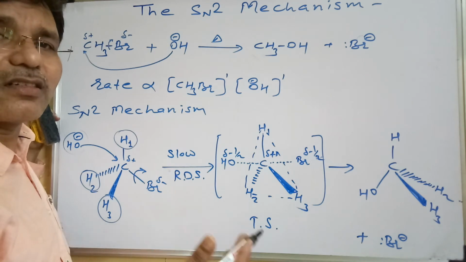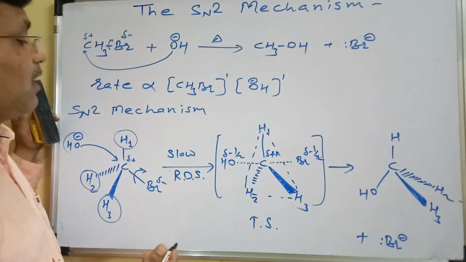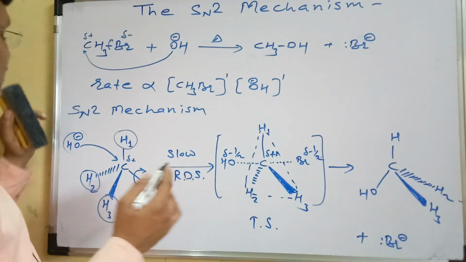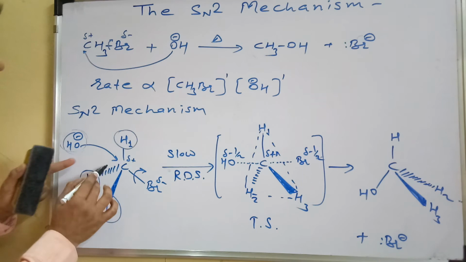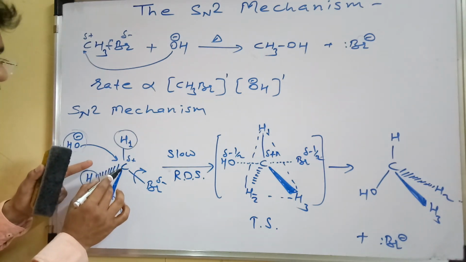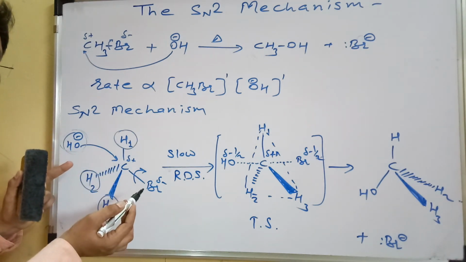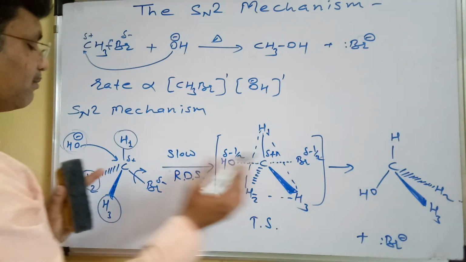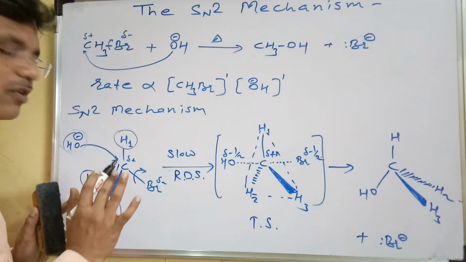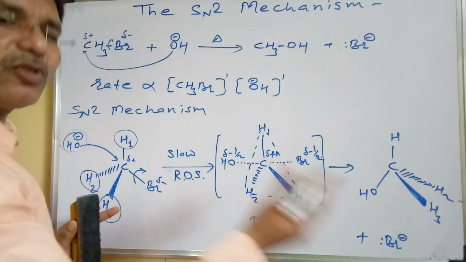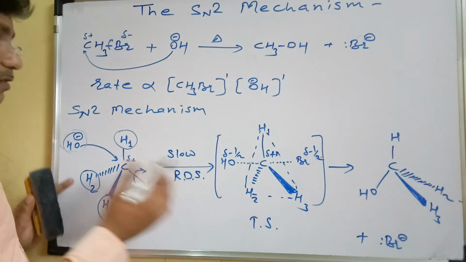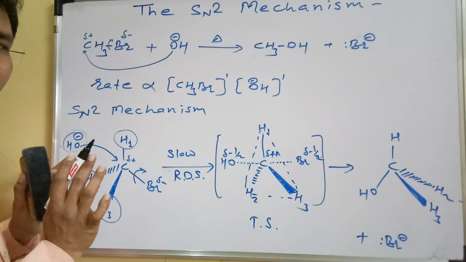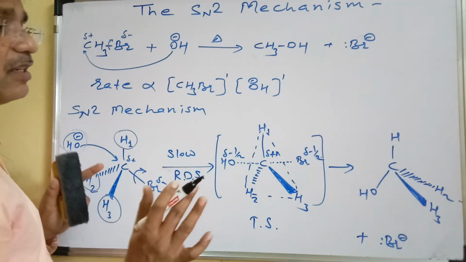Based on this configuration, we get the idea that the nucleophilic attack takes place on the carbon from the backside of the C-Br bond, because the product obtained is inverted compared to the reactant. The configurations of reactant and product are opposite when the OH attacks from the backside of the C-Br bond. So these are the salient features.